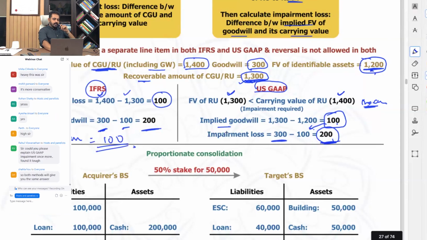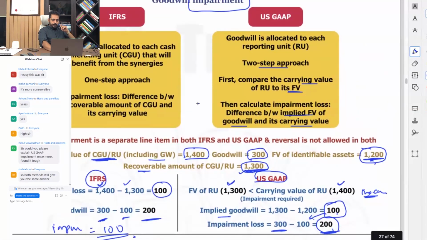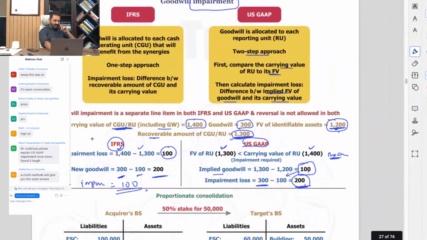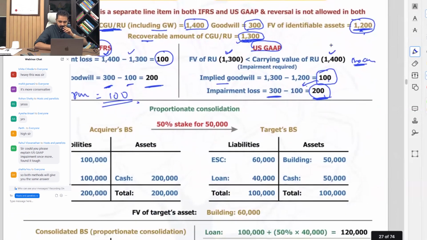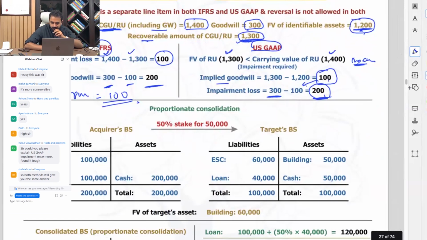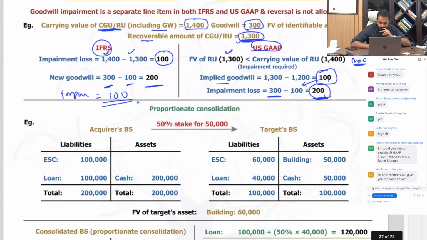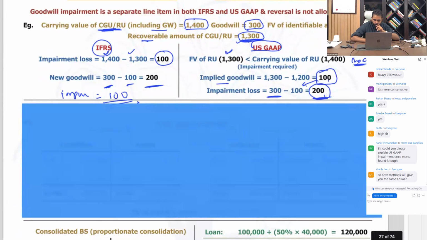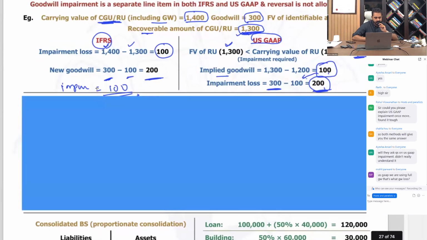Okay. Let's do it one more time. Both the methods are giving you different answer. See, let me do this again here for you. It can get a little confusing. Let me make an attempt. Okay. See now. Step number 1.